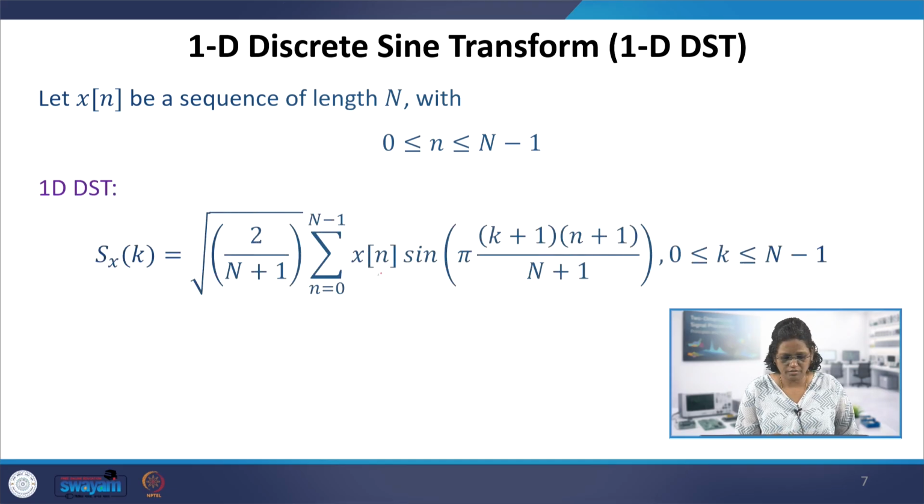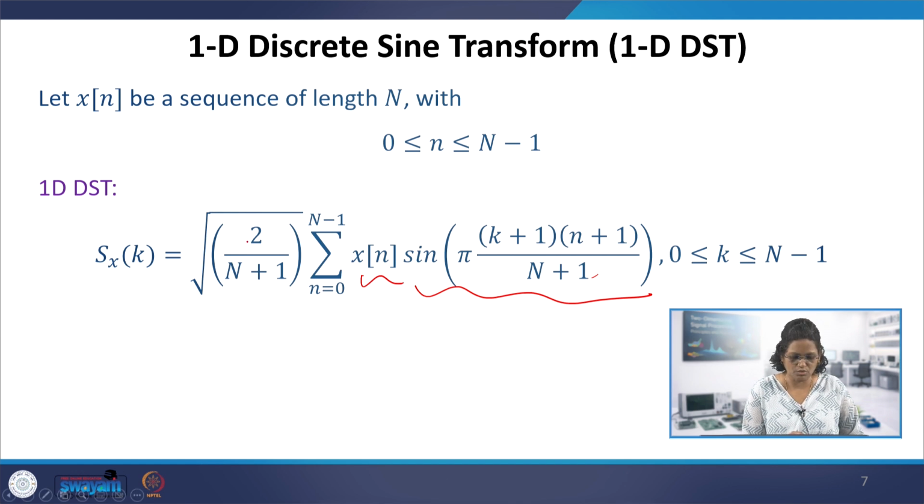So we take x of n times sine of pi (k plus 1)(n plus 1) by (N plus 1), where k is varying from 0 to N minus 1. This is the scaling factor used to get the coefficients X of k, which is the sine transform, that is the discrete sine transform of x. This factor is root 2 by (N plus 1).